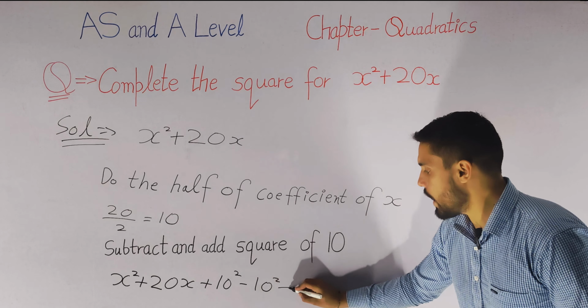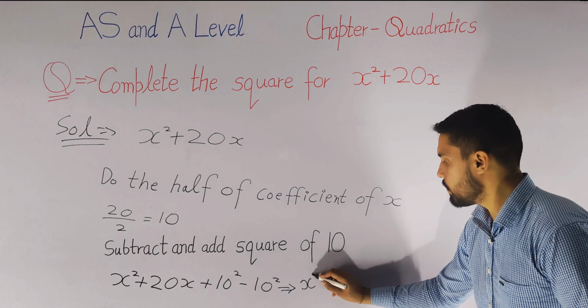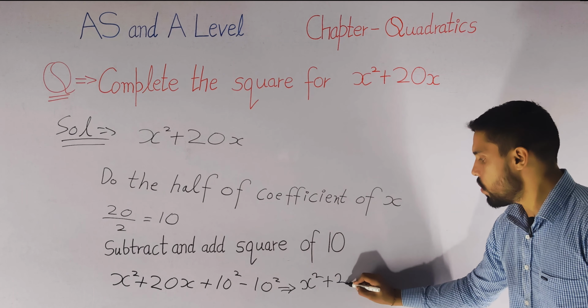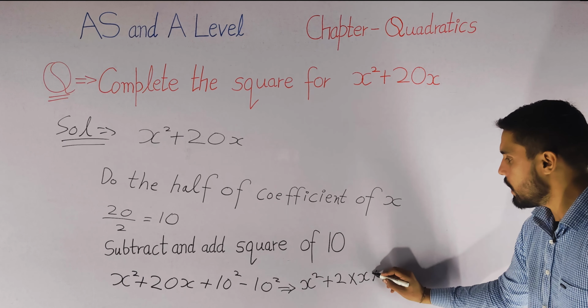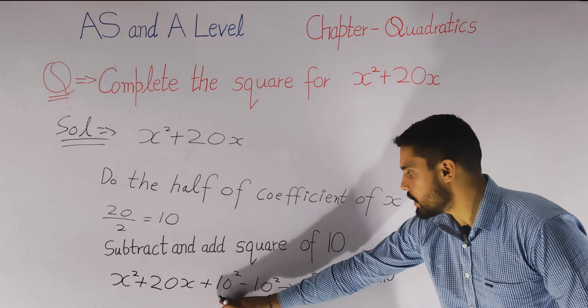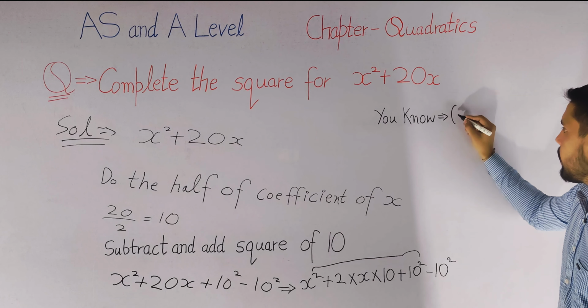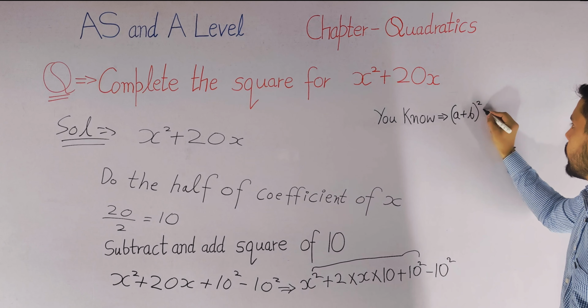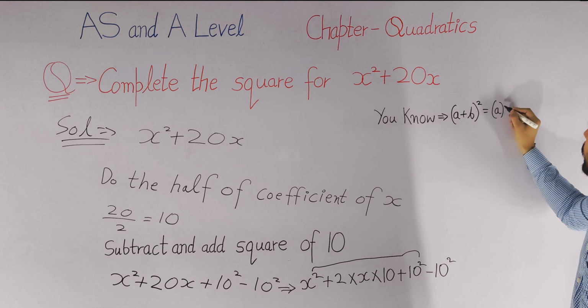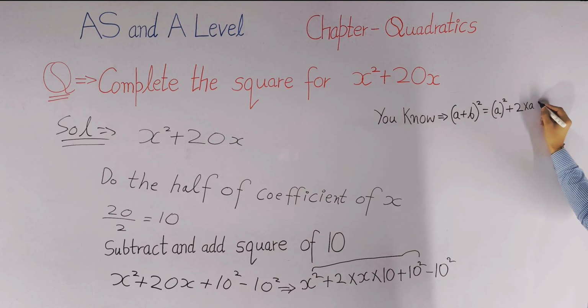Further, you can write this expression as x square, and write 20x as 2 multiplied by x multiplied by 10, and write positive 10 square as it is and write negative 10 square as it is. So this expression is the identity (a plus b) whole square. You know (a plus b) whole square is equal to a square plus 2 into a into b plus b square.